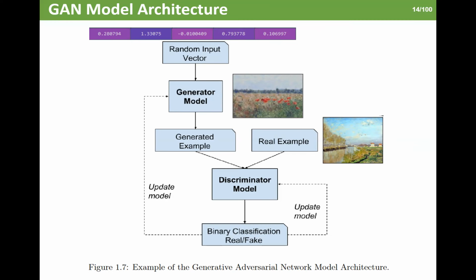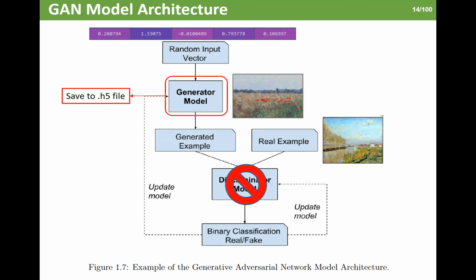Okay, so this goes on in a loop over and over, and eventually the discriminator will have more and more difficulty telling: is this a real painting or is it a fake? That's basically how it goes in a loop like this. But when you're finished training, you don't need the discriminator anymore.